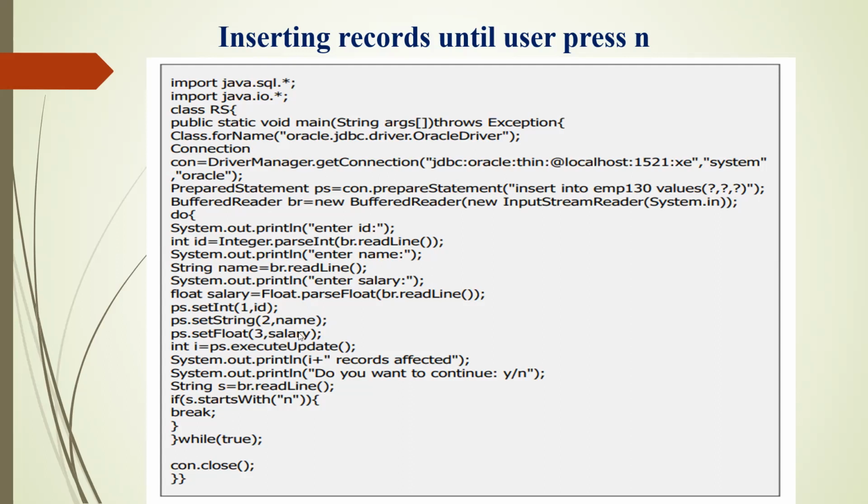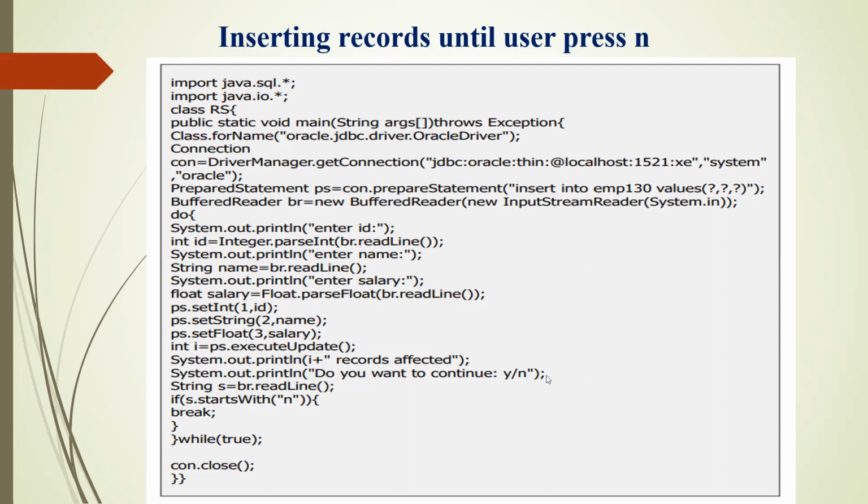Name will be set in the second place. ps.setFloat(3, salary). Salary will be set in the third place. Then i is equal to ps.executeUpdate(). In this statement, PS should be executed. So these three values, ID, name, salary, will be updated in the emp130 table. And how many records are affected? It will tell us one record.